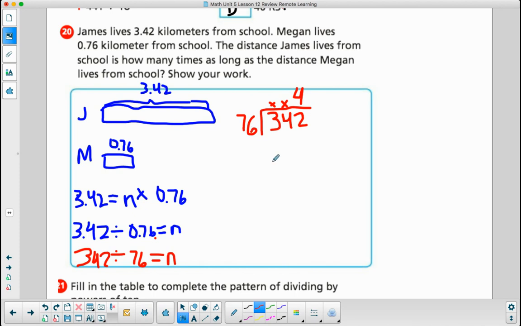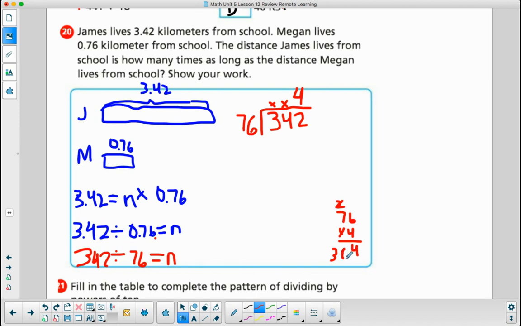4 times 76 is not basic math for me, so I'm going to go off to the side and multiply it. 4 multiplied by 6 is 24 ones, 2 tens and 4 ones. 4 multiplied by 7 is 28 tens, plus the 2 more make 30 tens.